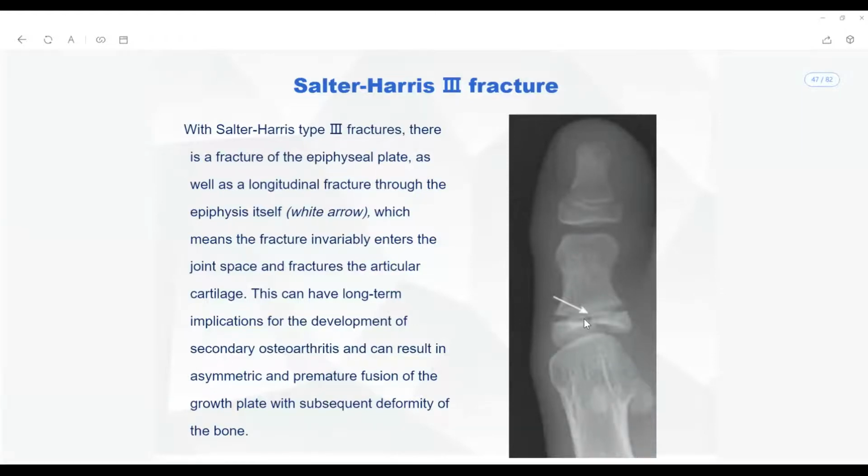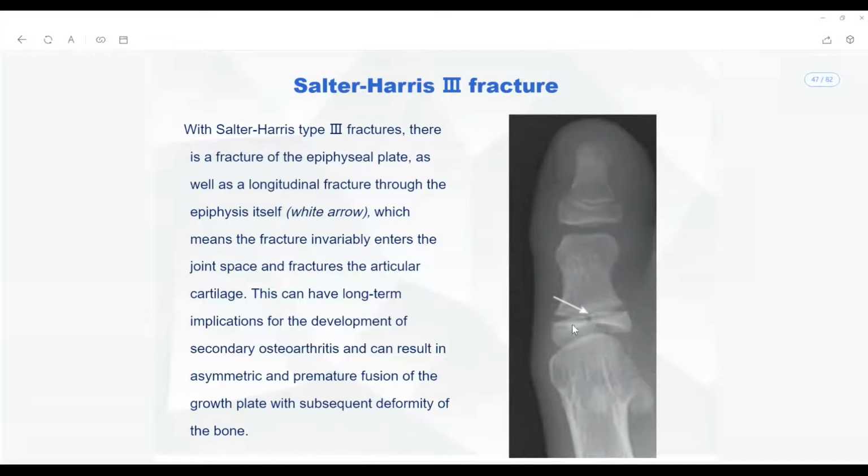You can see here, this is the provisional zone of calcification and this is the epiphyseal plate. And this is again the distal phalanx, the great toe. We are talking about the great toe here. Along the proximal epiphysis, the proximal epiphysis has been separated.